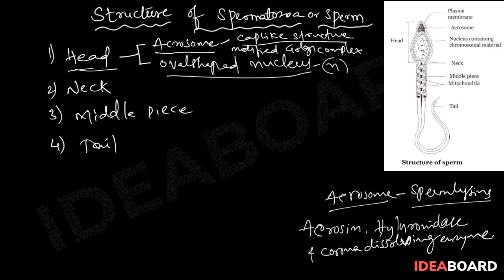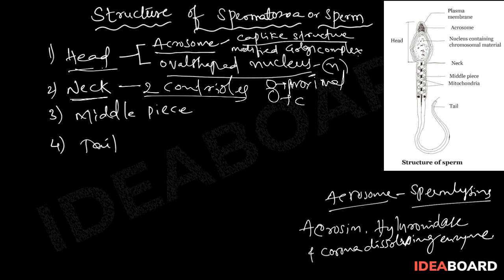The next part is called the neck. The neck is present in between the head and middle piece, and it is very small. It is useful to connect the head and middle piece. It consists of two centrioles. The first centriole is called the proximal centriole and the second centriole is called the distal centriole.